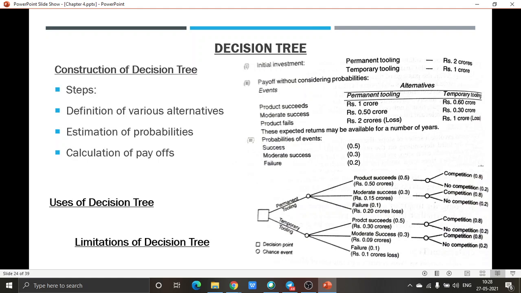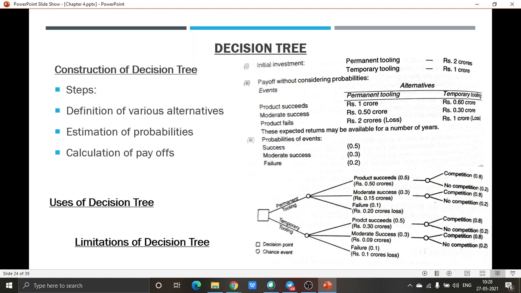And also, there may be decision points in a single decision, over a period of time. That is to tell, from the example that we took, the manager may go for temporary tooling at the initial stage, but may think of permanent tooling at a later stage. Or there are chances that he might incorporate a new feature in the product which might result in a change in the probability of its success, or may substitute the product and so on.